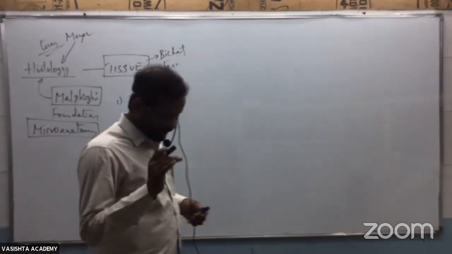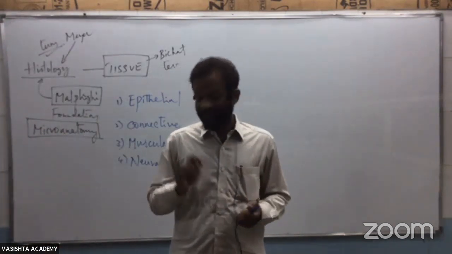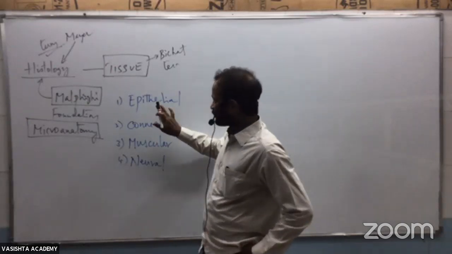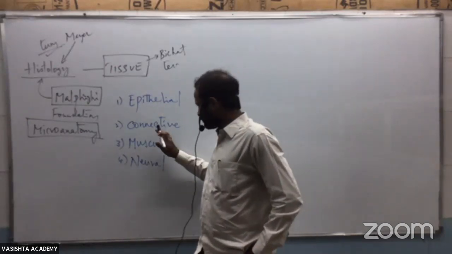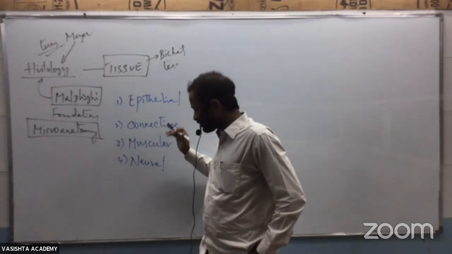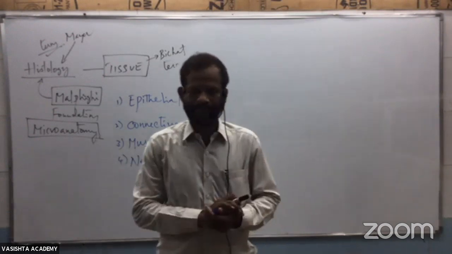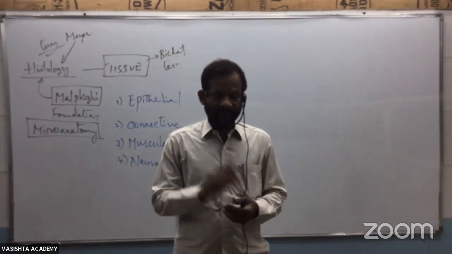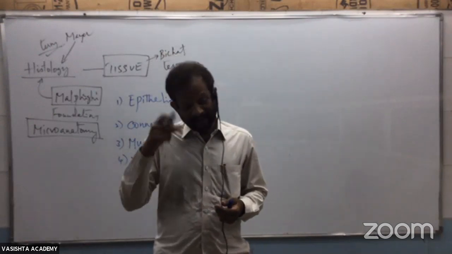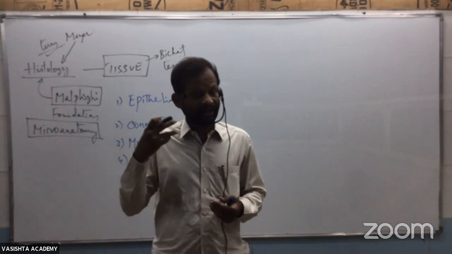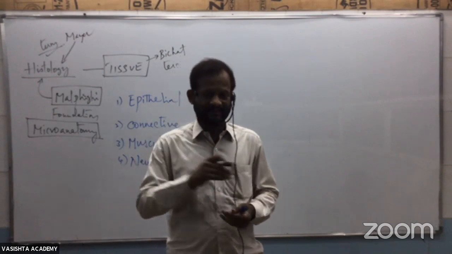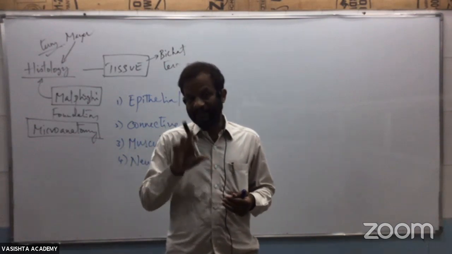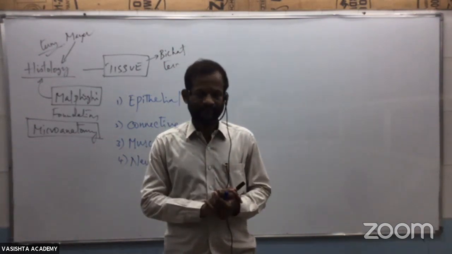In our first PUC, we have to study in detail everything about epithelial, connective, muscular and neural. Then we can imagine and analyze how different organs are present inside us, how different tissues are performing different functions.